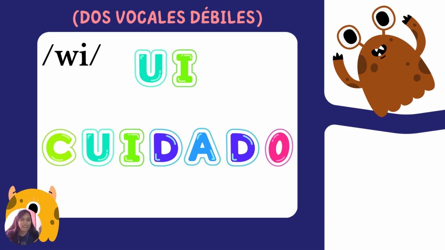So we blend until the diphthong, then we blend until de más a, and then we say the rest of the letters, which is de más o. So we're gonna say cuidado, cuidado, right? Super bien.